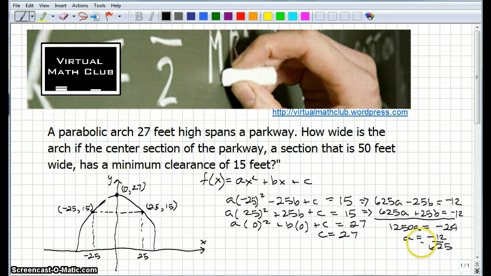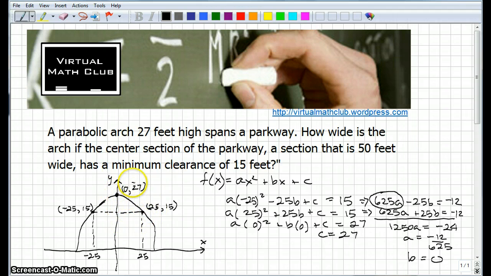But you can see if we substitute a back up in here, then this term just becomes negative 12, because the 625s cancel. 625 times negative 12 over 625 is just negative 12. So then b has to be equal to 0, which makes sense because, at least the way I have it drawn, there's no horizontal translation.